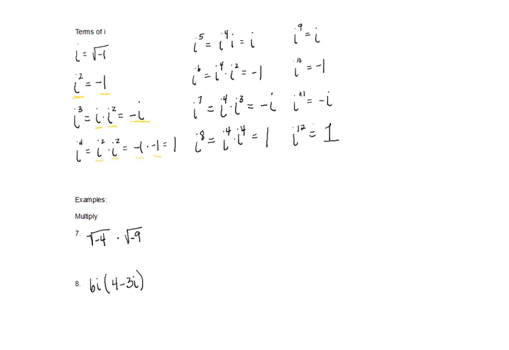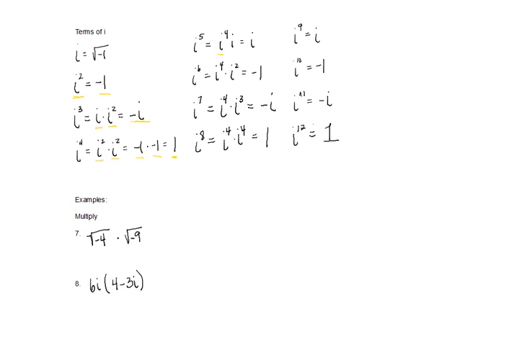i to the 6th, break into i to the 4th and i squared, so we're at negative 1, because that's what i squared is. i to the 4th, once again, is 1. i to the 7th is i to the 4th times i to the 3rd. i to the 3rd is negative i. So i to the 7th is negative i.